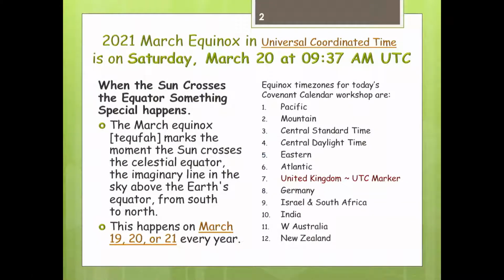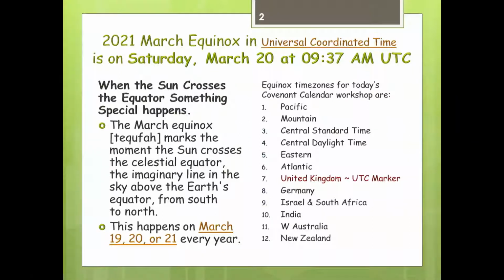Also, the sun's route through the Mazzaroth is approximately 365 and a quarter days. That quarter of a day each year sometimes makes the date jump from the 19th to the 20th, and then from the 20th to the 21st. Then when you have a leap year, it jumps back. So that's why this happens on March 19, 20, or 21.